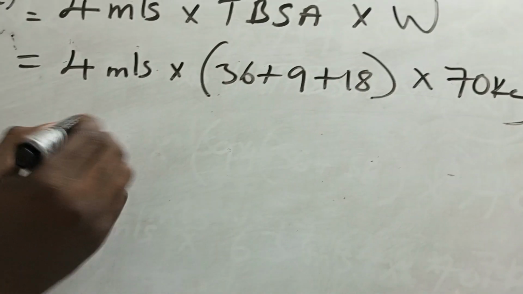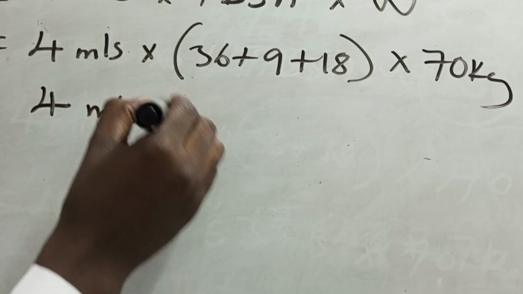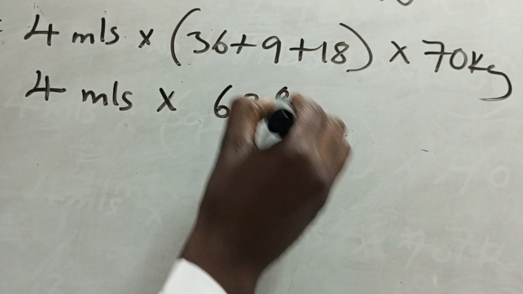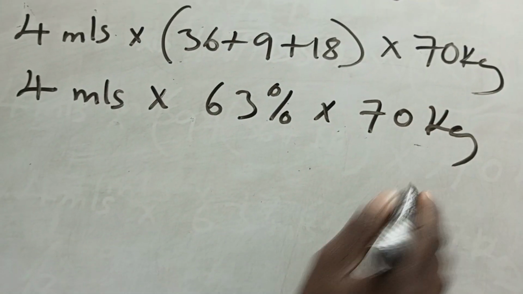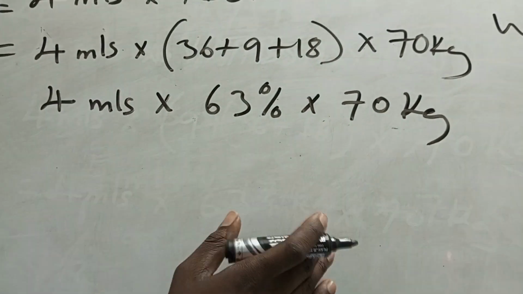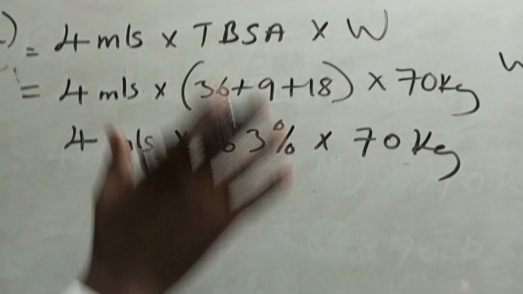Okay, so it will be 4 mils times, if you add this, 63%, times 70 kg. Now, the total of this will give us the total amount of fluids the patient will receive in the first 24 hours.